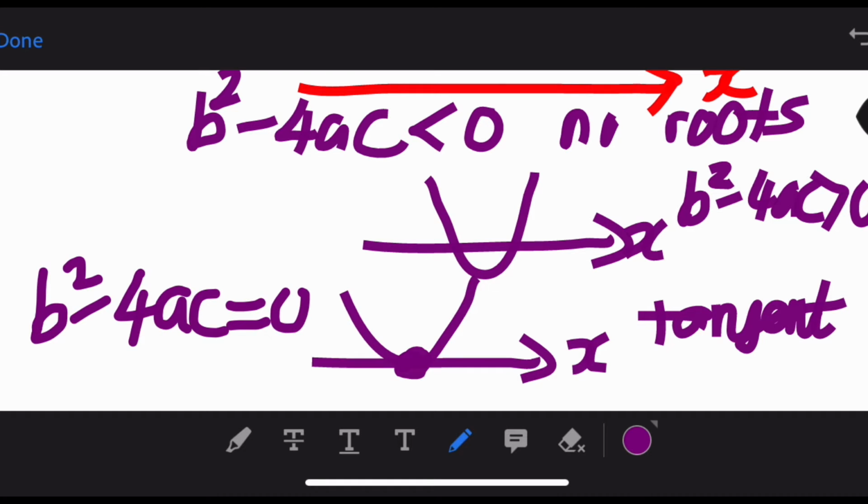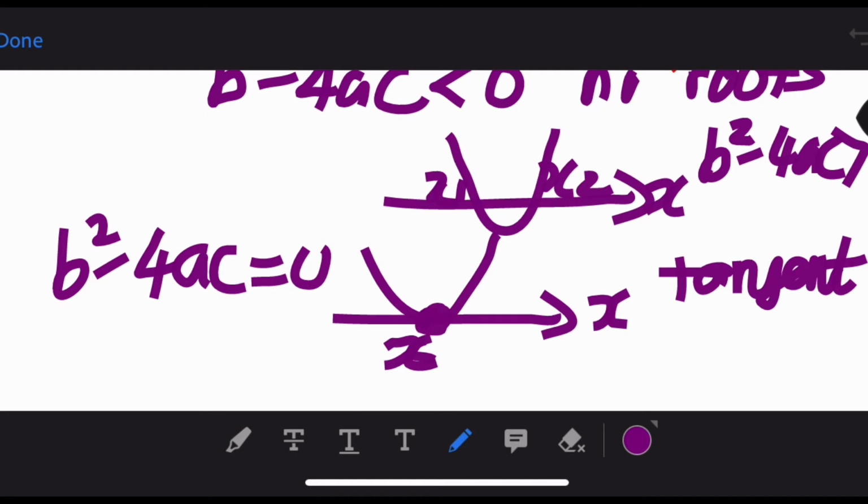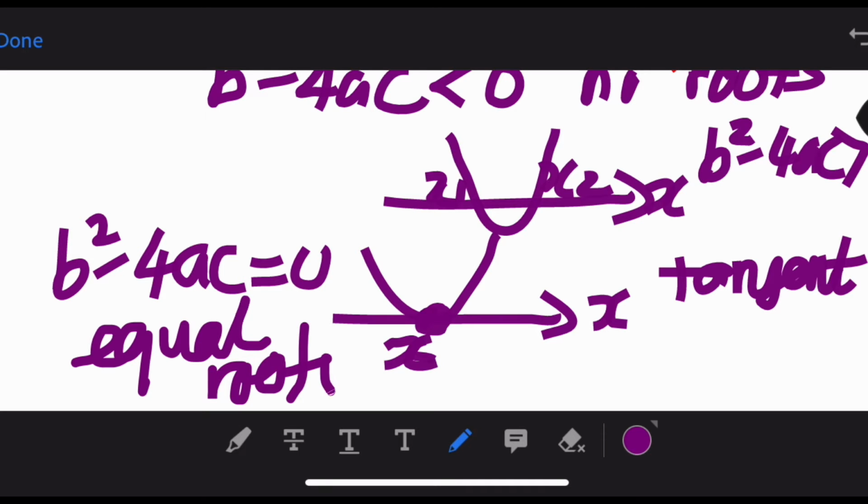You can find one value of x here. Here you got two values, x1, x2. Two x-intercepts mean two roots. Two roots means two different or distinct roots. Here one x means one root or equal roots. So you got to memorize all these. Equal roots, b² − 4ac = 0.